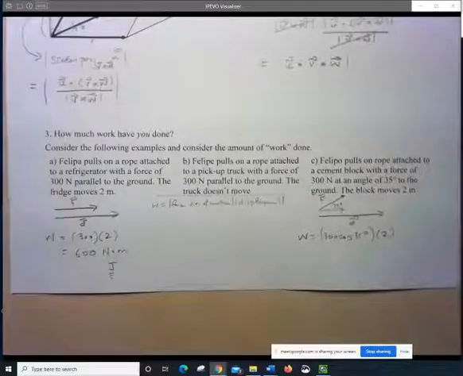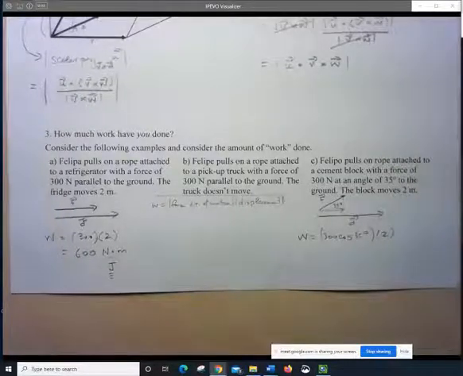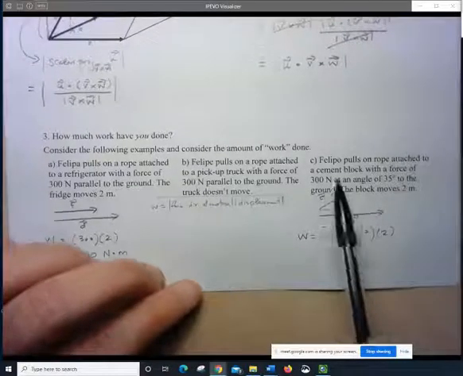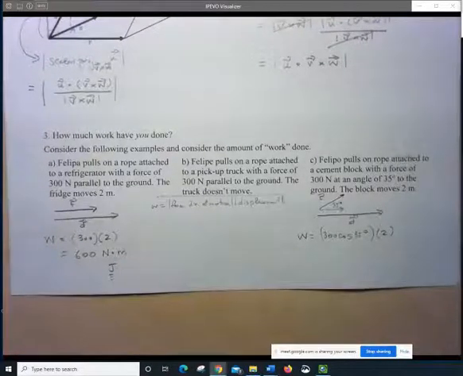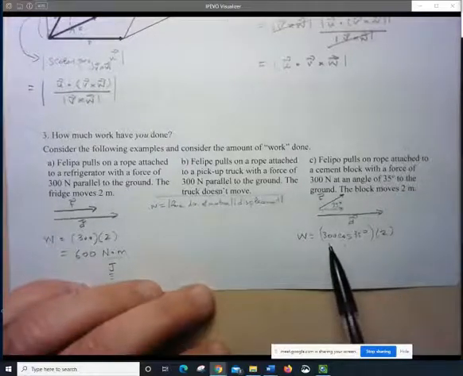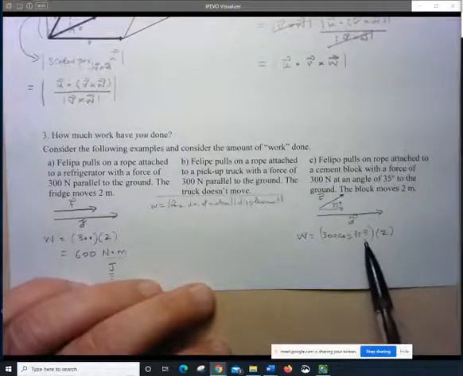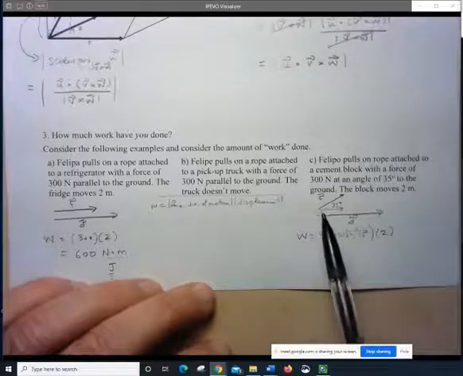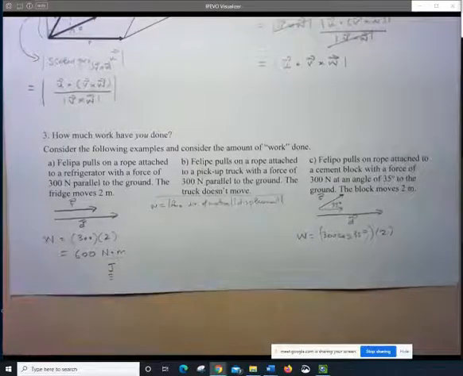But wait a minute, what can you tell me about cos 35? What can you tell me for certain about the number cos 35? Okay, it's definitely less than 1. So even though this person is still applying the force of 300 newtons, it's actually considered to be less work. I guess you can think of it in the fact that this was not done as efficiently as it could have been done.